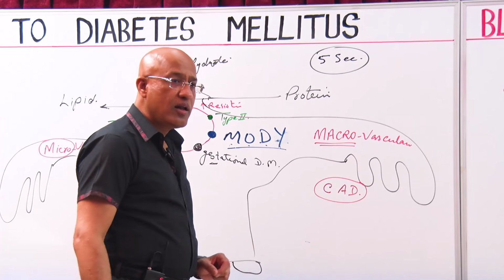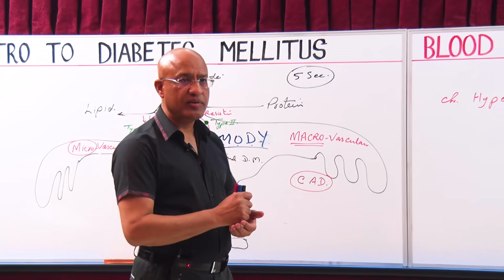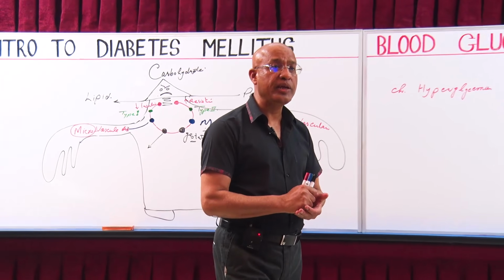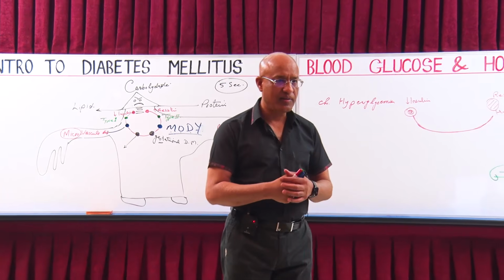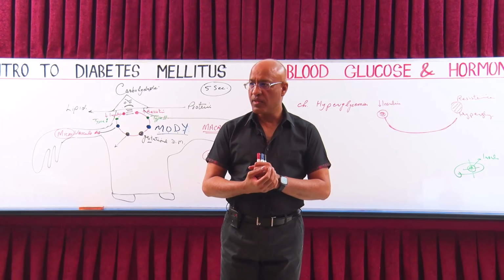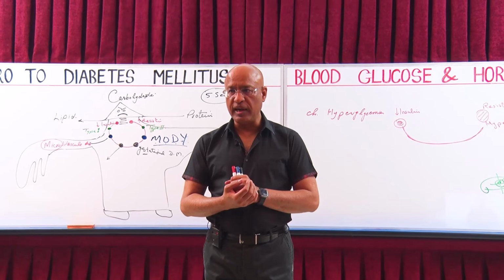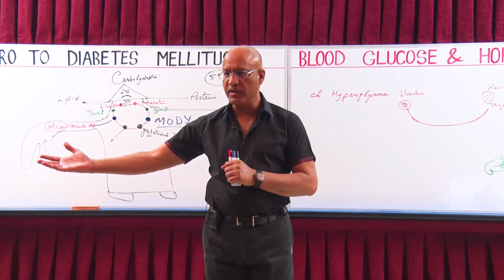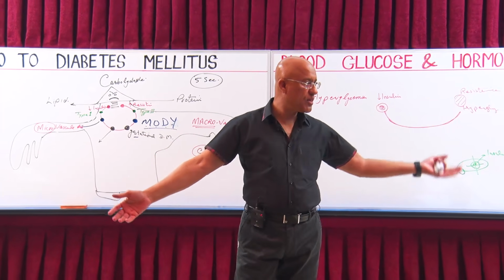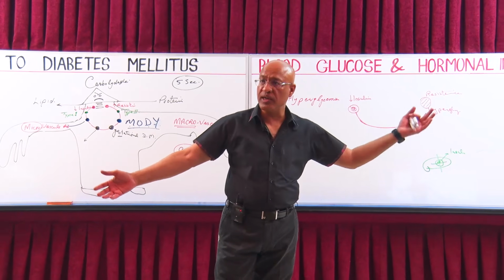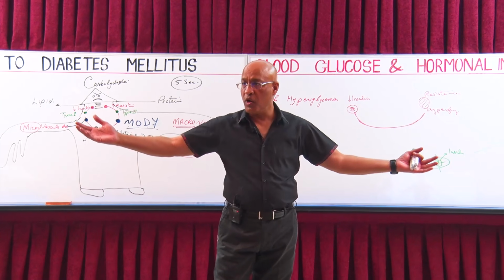But if you have diabetes, coronary artery disease behaves very aggressively as compared to other causes of coronary artery disease. Let's suppose there's a person who has hypertension and here's a person who has severe uncontrolled diabetes mellitus.